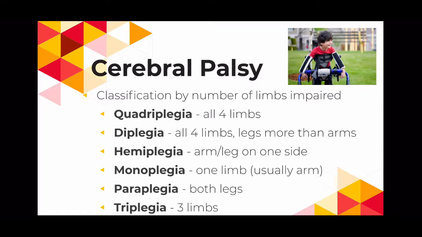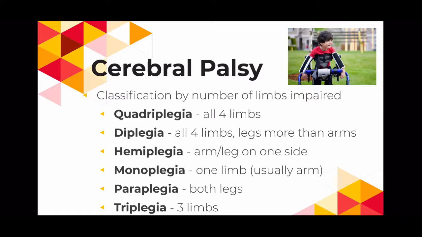Diplegia means that all four limbs are involved, but two of the limbs, usually the legs, are affected more severely. So you might have motor impairments in all four limbs, but most likely your legs are going to be fully paralyzed. And again, that di means two.